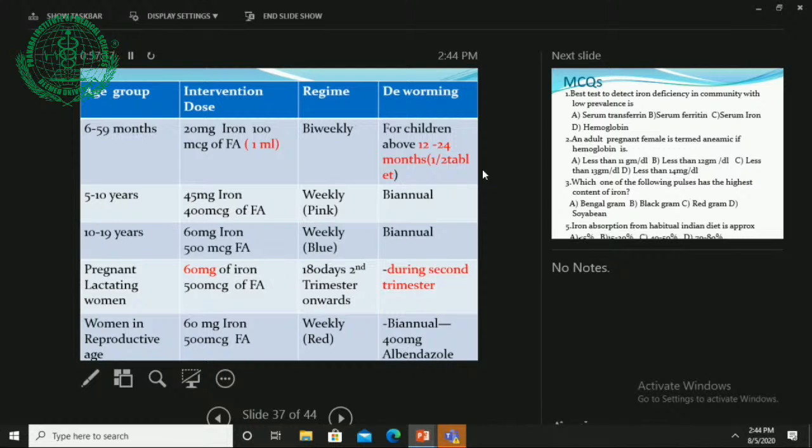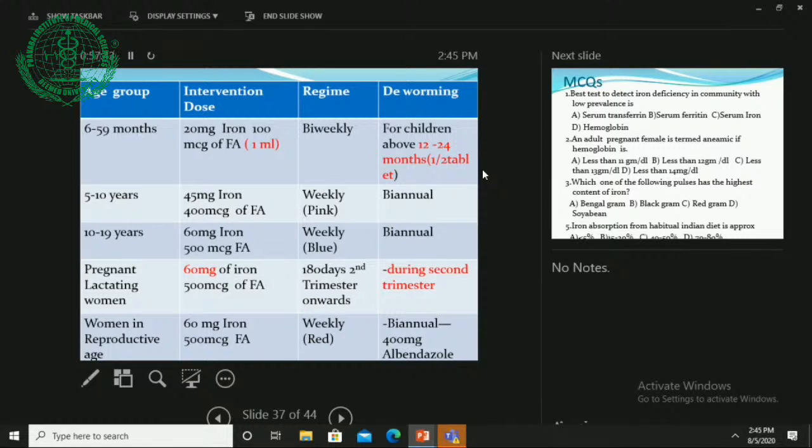So remember, again I am repeating, deworming is not done for infants less than 1 year. And the deworming which is done for the child between 12 months to 24 months, for him the dose is half the tablet, that is 200 milligrams of albendazole.